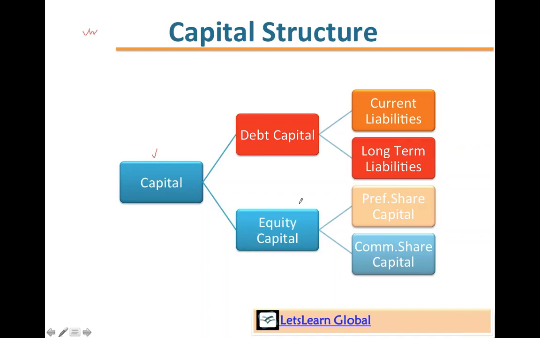Therefore, you will have a structure. Capital structure means the proportions of both debt and equity. Debt capital consists of current liabilities which are spontaneous, meaning you don't need an agreement or any terms and conditions, like accounts payable, accrued expenses, incomes received in advance, bank overdraft, etc. In current liabilities you don't have any burden of interest other than short-term loans and bank overdraft.